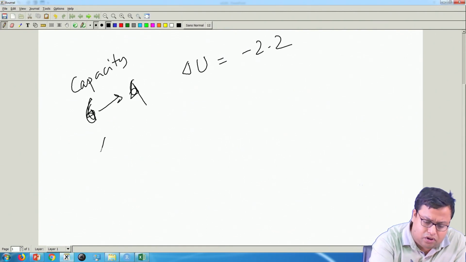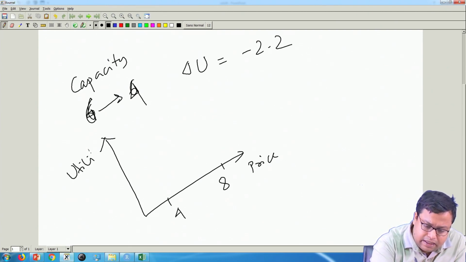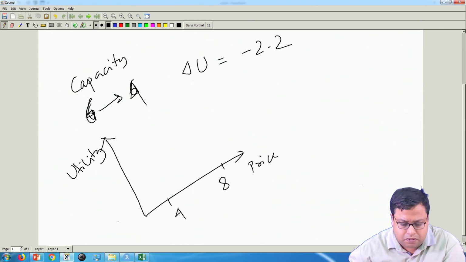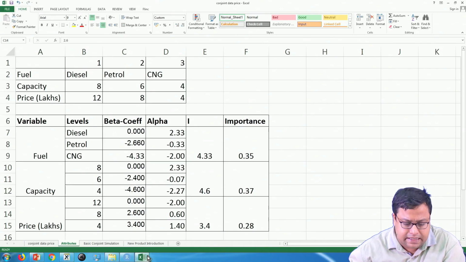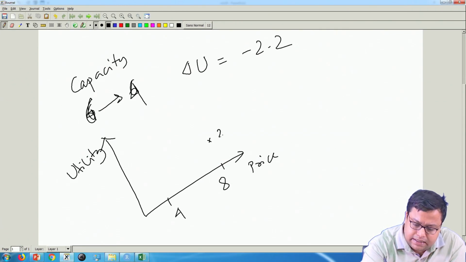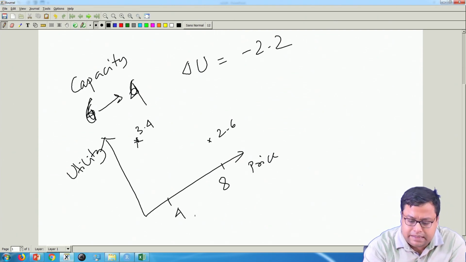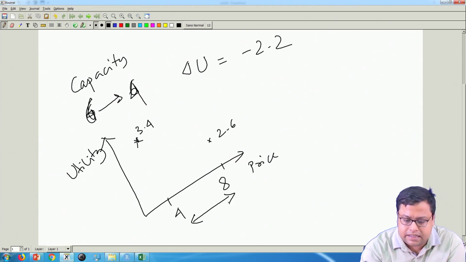So, if I just draw this at 8 lakhs and 4 lakhs, this is price, this is utility. The corresponding preference at 8 lakhs is 2.6 and this is 3.4. What is the distance between them? The distance between them is 0.8, right?